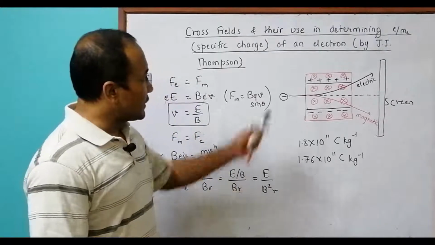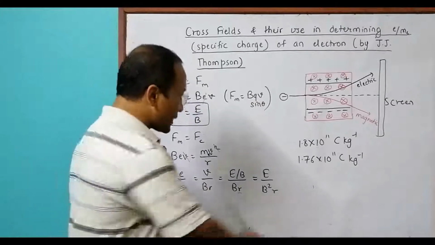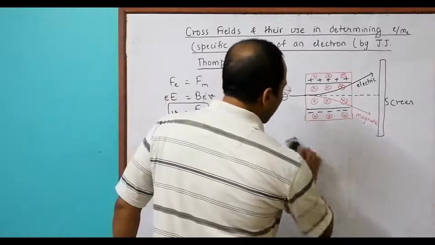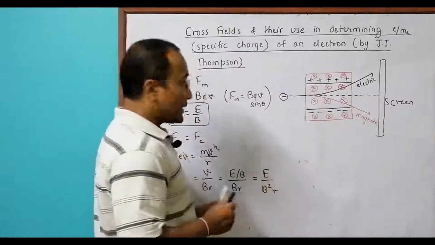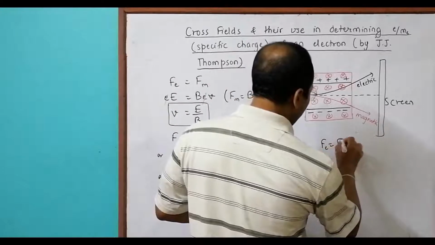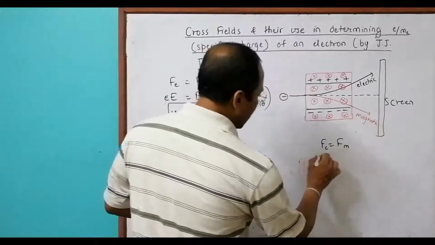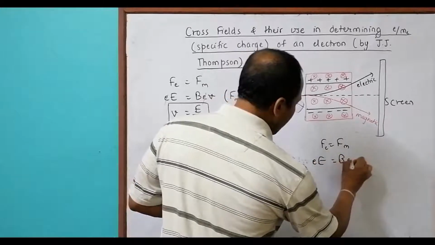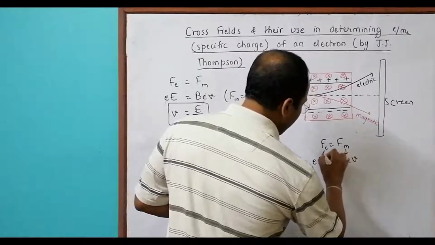If so, we can apply this method. For example, in the balanced condition, we have Fe equal to Fm, and this eE is equal to B e v.